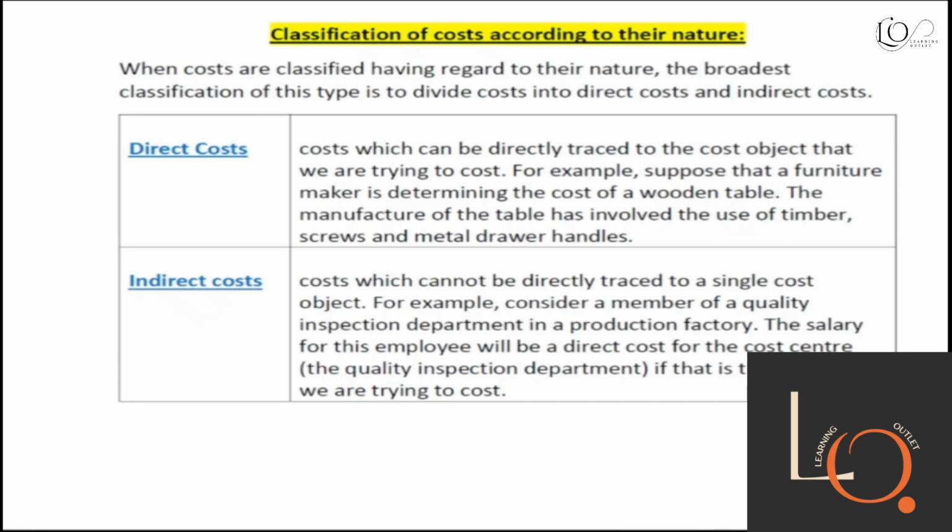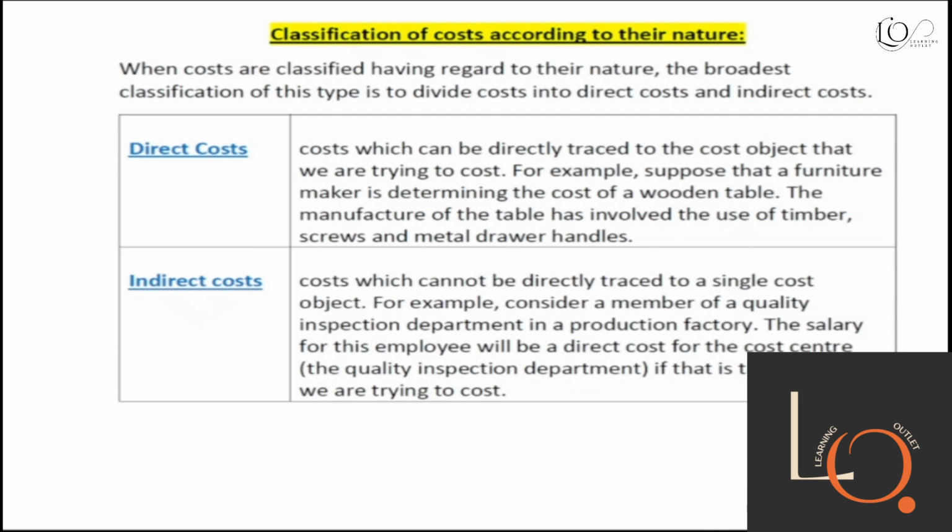So wood cost, screws, metal handles, drawers, any kind of rubber casing that is put, all of that which is specifically for this wooden table becomes a direct cost, directly related to that cost object. Second, there can be indirect costs, costs which are not directly traced to a single object. For example, electricity, quality inspection, or production overheads.